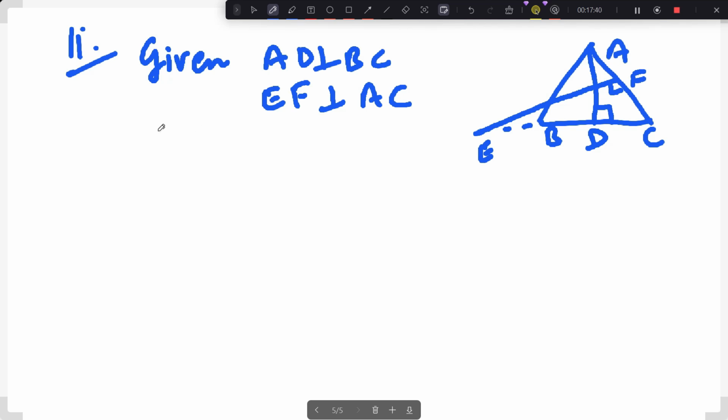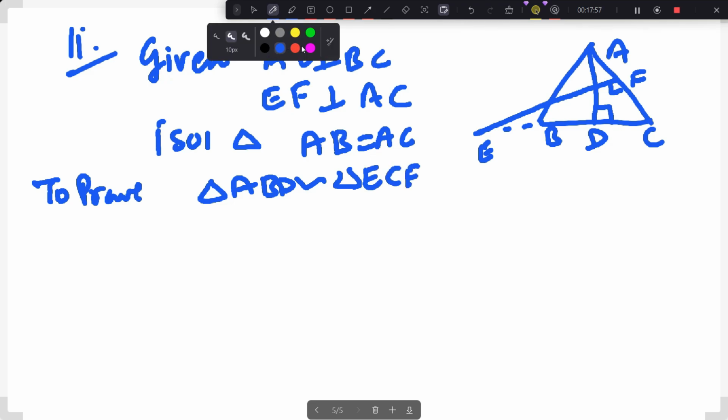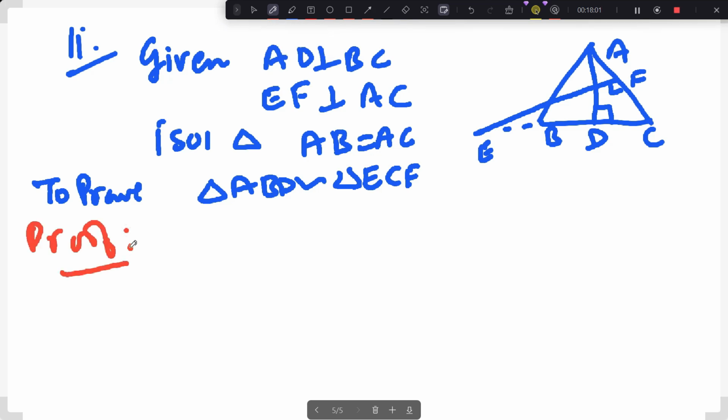It's also given that this is an isosceles triangle with AB equal to AC. We have to prove, okay, let's move on to the proof.